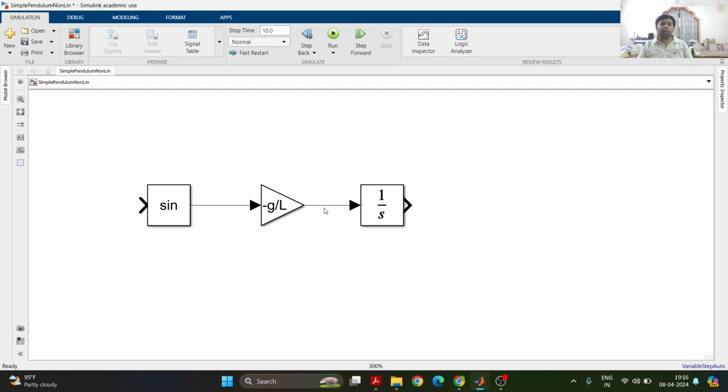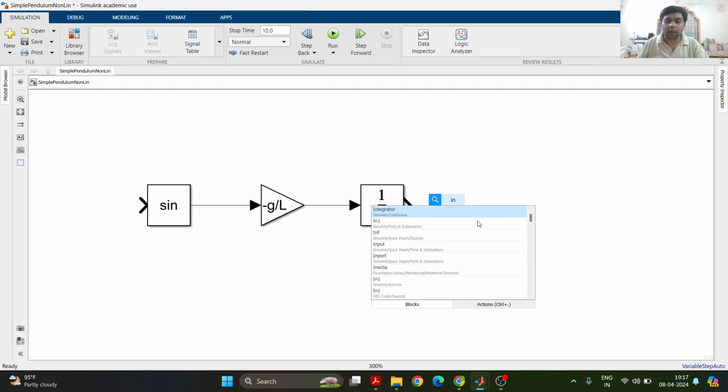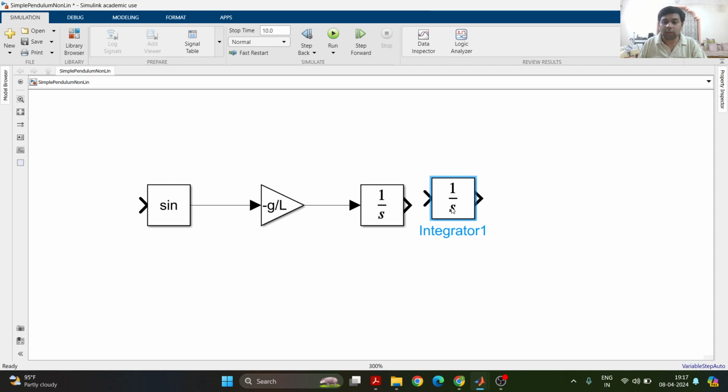So the output of this gain block will be the acceleration. Now we integrate, so this output will be theta double dot. Integrating this once, we will get the angular velocity, and integrating it twice, we will get the angular displacement.